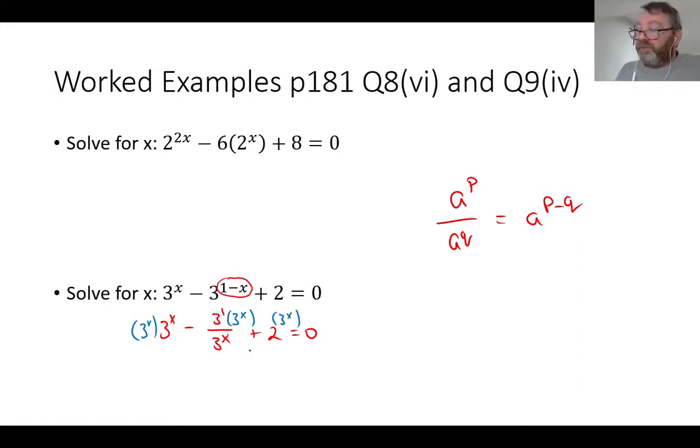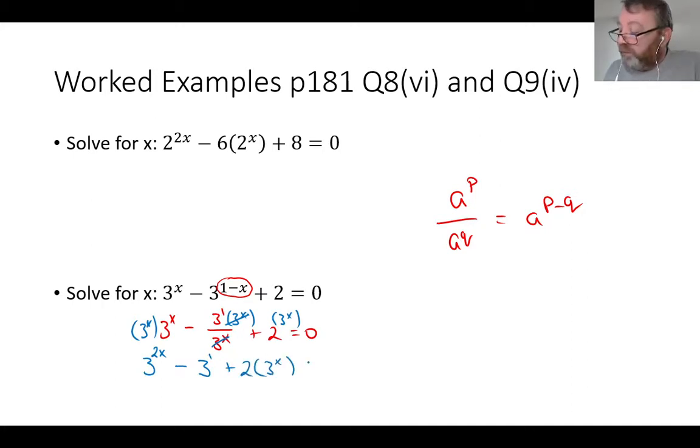Okay, so let's see what happens. 3 to the x by 3 to the x. What happens? The rules take over. When you're multiplying the same base, you keep the base and you add the powers. See that? Next, minus 3 to the x cancels with 3 to the x and leaves you simply with 3 to the power of 1. Plus 2 times 3 to the x.